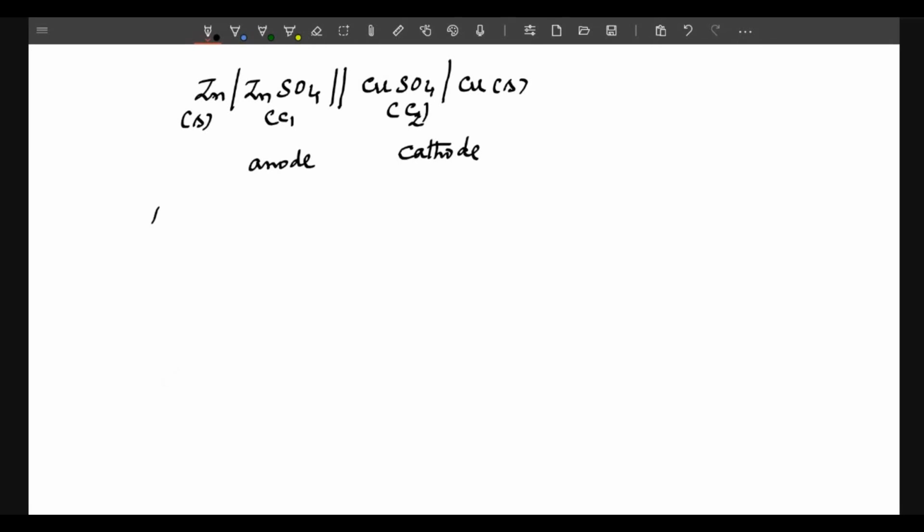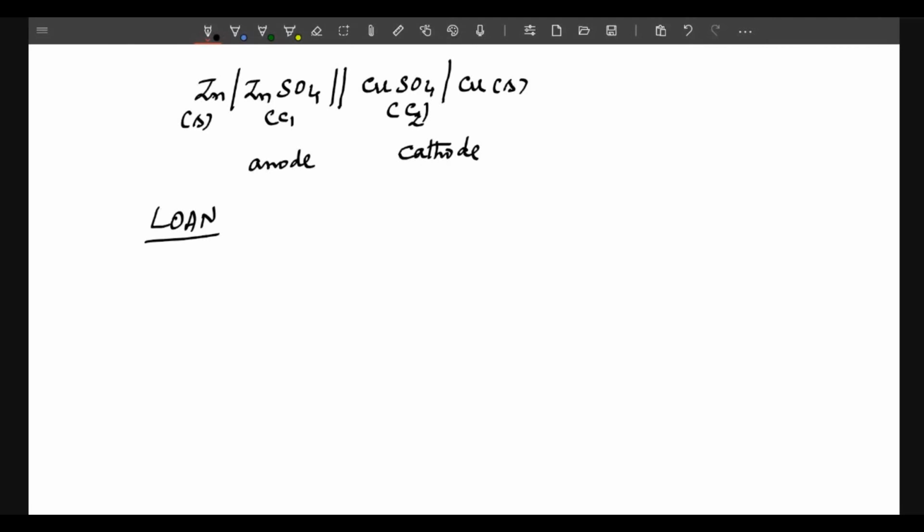There is a mnemonic: LORAN. What is LORAN? Can anybody expand this? Loss of electron, oxidation, anode, and negative. Left side.